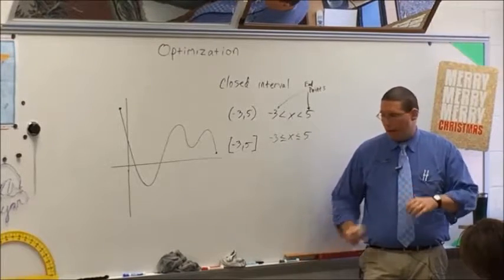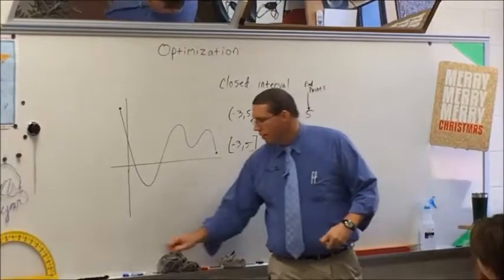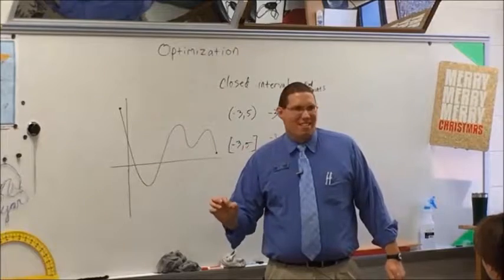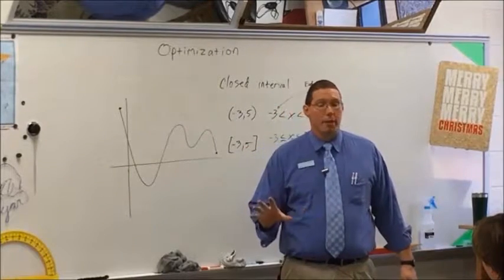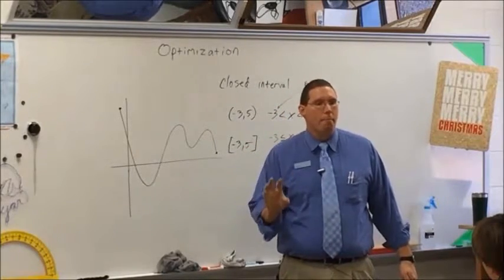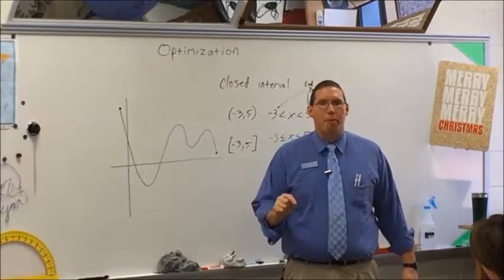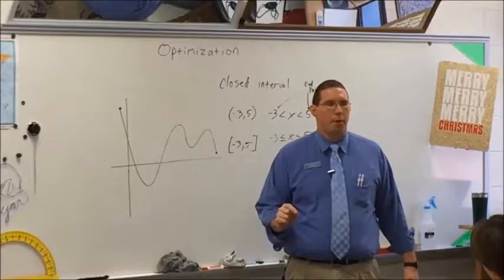Okay, now before you say it out loud, here's what I want to tell you. There are 6 possible points that could be the absolute maximum or absolute minimum. Okay?